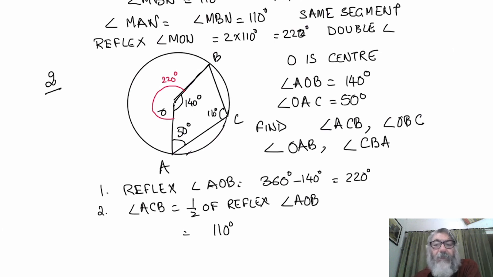The relation is that the angle at the center is double the angle at the circumference. Now I have got ACB, the first angle. Now he wants OBC.